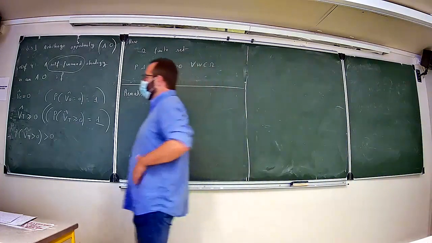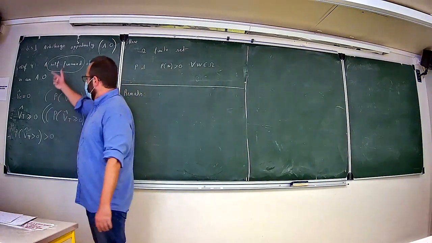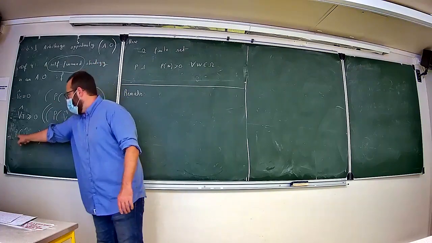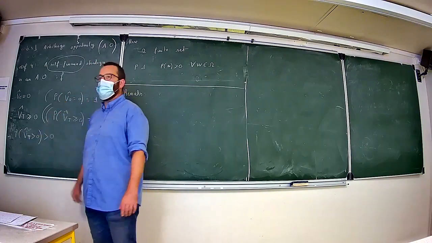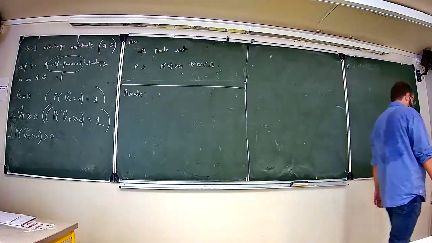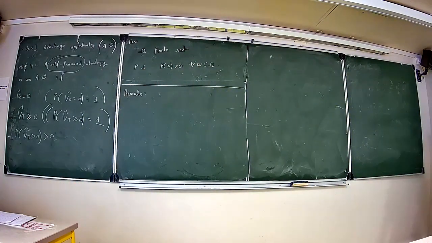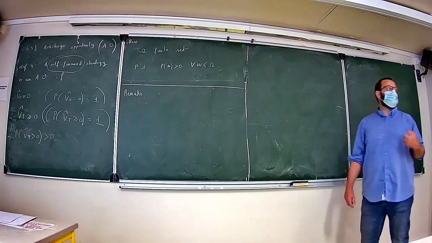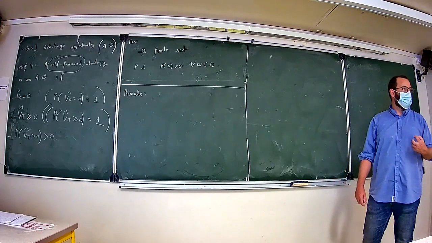So, remarks. I see that in this definition, I have the probability P, the probability P, the probability P. So I have a definition that depends extensively on my historical probability.